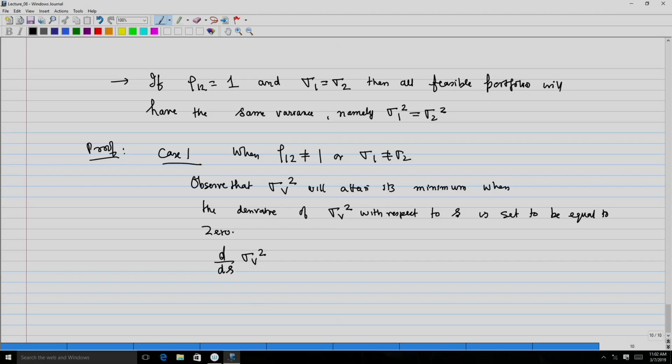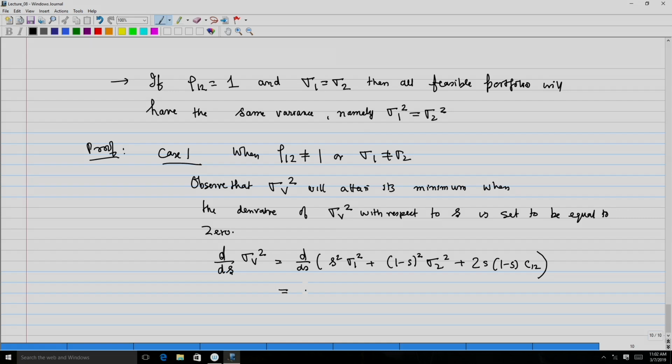So, I take the derivative with respect to s. So, this is d/ds of s square sigma 1 square plus 1 minus s square sigma 2 square plus twice s into 1 minus s into C1 2. So, I have just used the definition of sigma v square in terms of the parameter s.